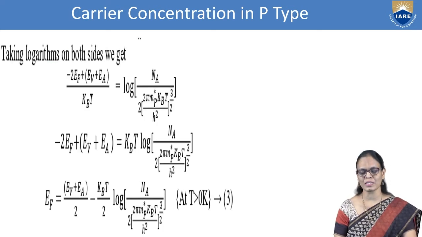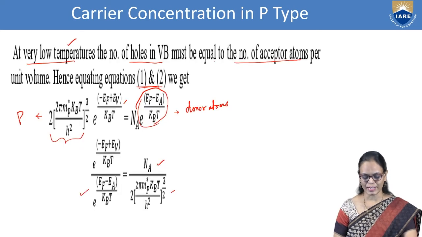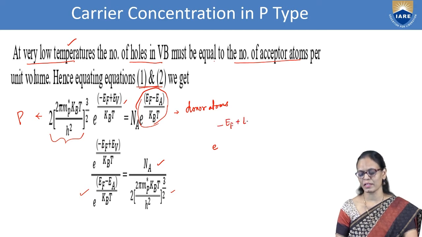Before taking the logarithm, I'll simplify this. In the numerator we have e power minus Ef plus Ev, and in the denominator we have plus Ef minus Ea. So the plus Ef, when it comes up, becomes minus Ef, and the minus Ea becomes plus Ea, upon kBT.